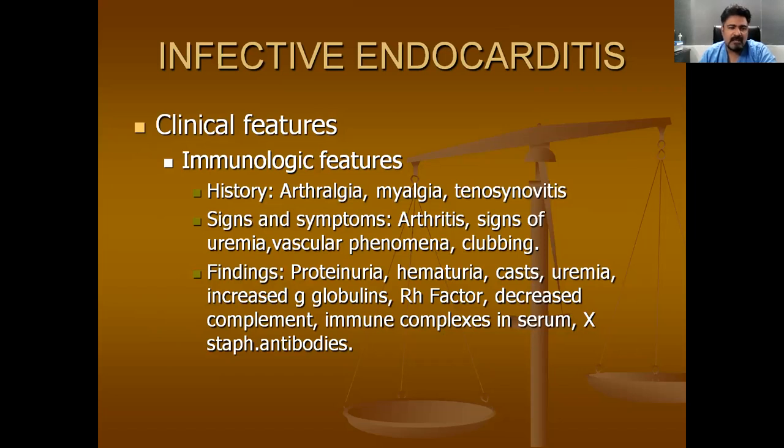Signs and symptoms are arthritis, signs of uremia, vascular phenomena, clubbing. Findings are proteinuria, hematuria, casts, uremia, increased gamma globulins, rheumatoid factor, decreased complement, immune complexes in serum, and staphylococcus, then staph antibodies are there.